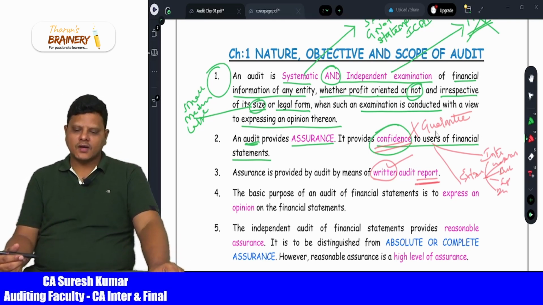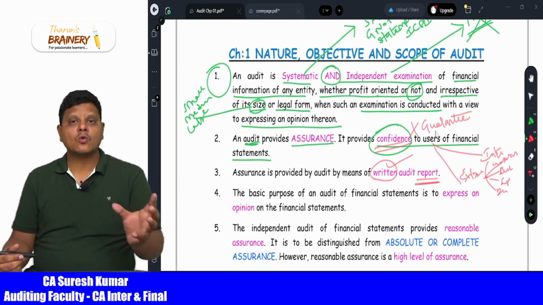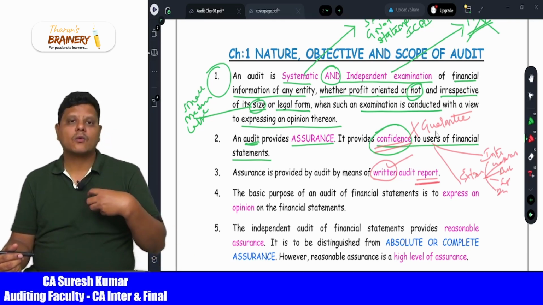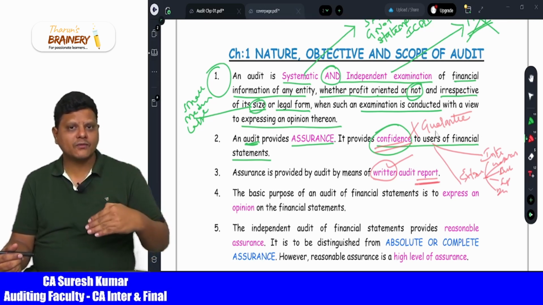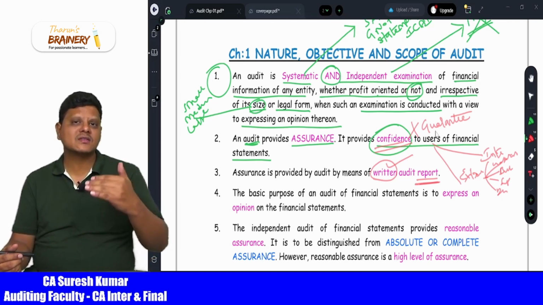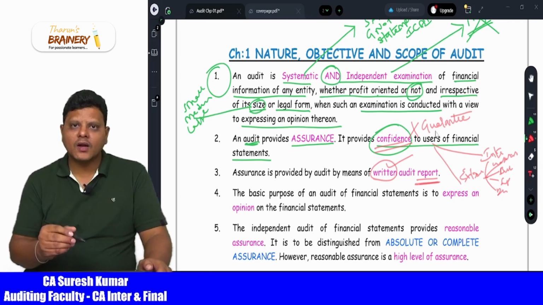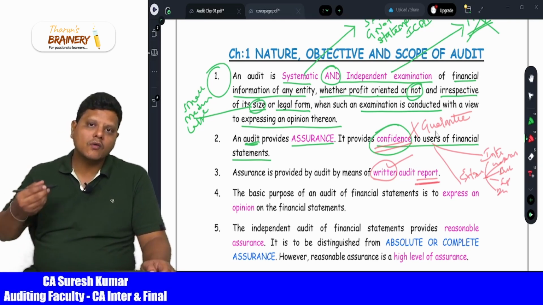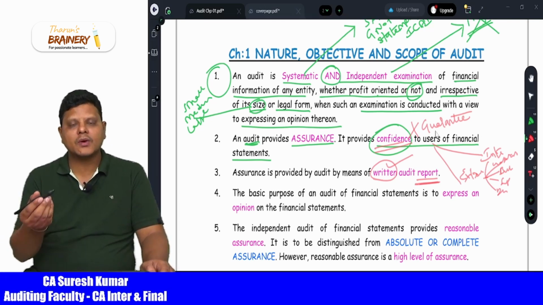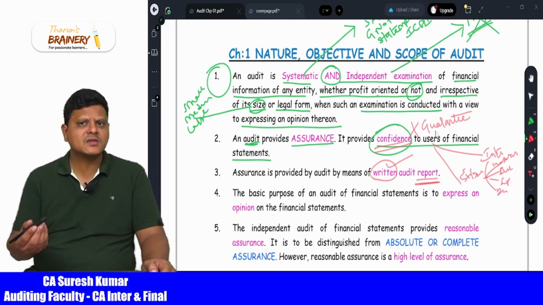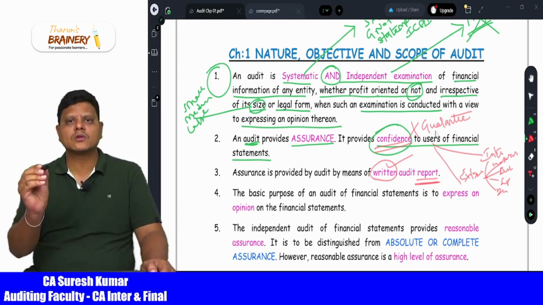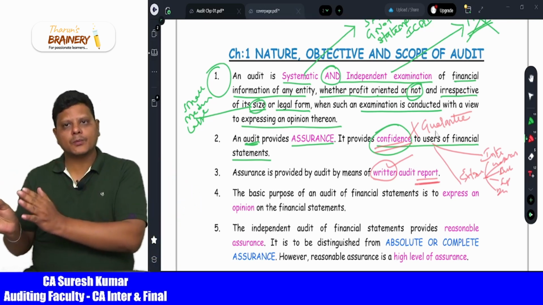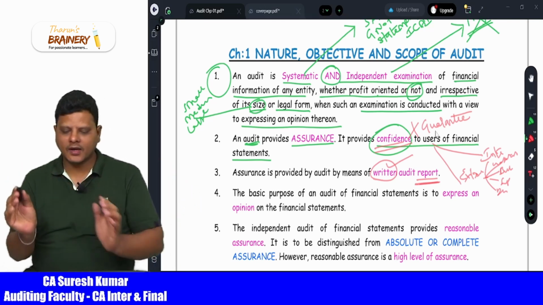SA 700 clearly says how to form an opinion, how to report on the financial statements, what kind of report, how to prepare the report, and what the contents of the report are. Whenever I am giving assurance, giving confidence to the users, the confidence should be given by way of a report. By way of report or by way of opinion, both are the same. So in the entire auditing paper, opinion is equal to report is equal to opinion.